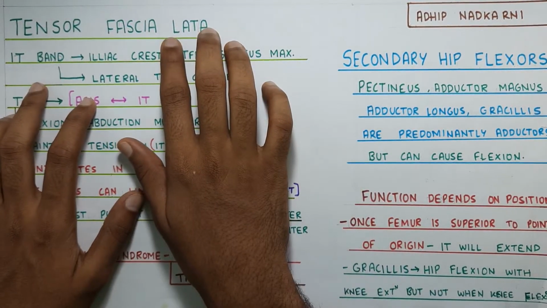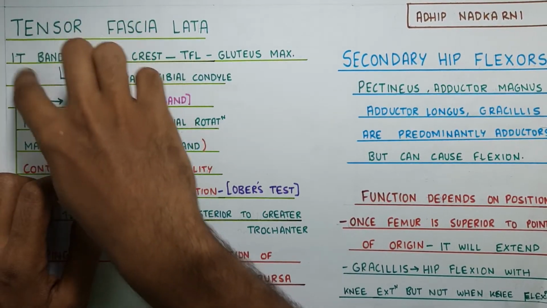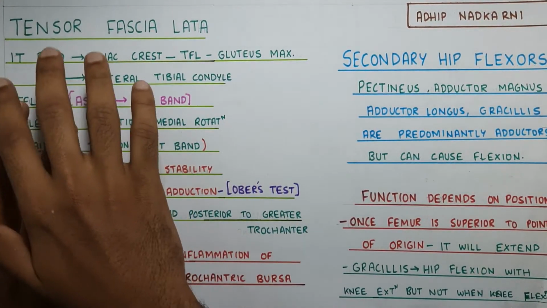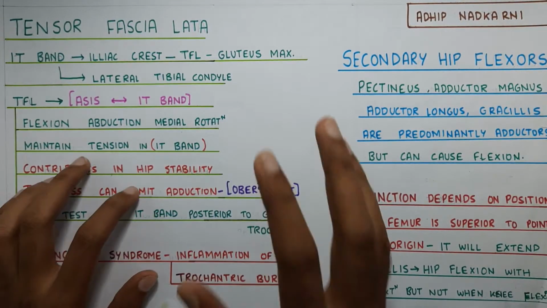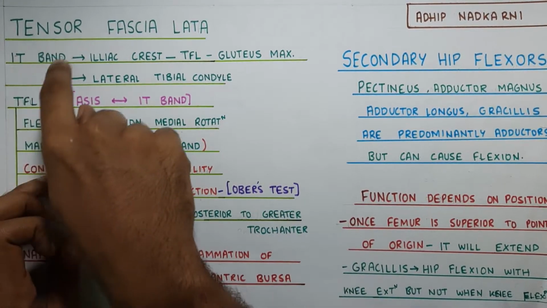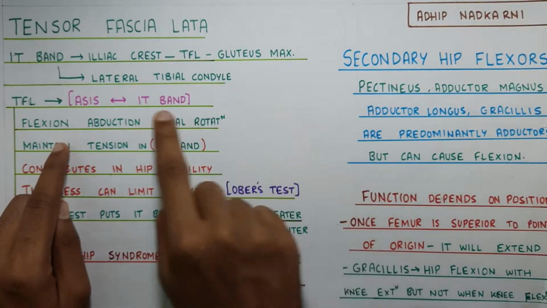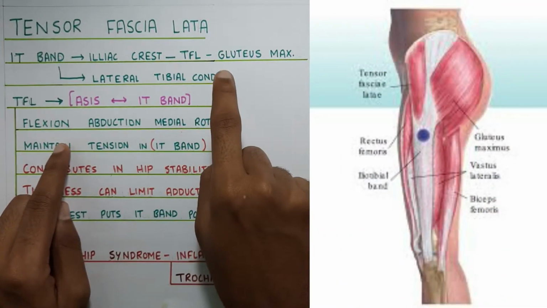So the tensor fascia lata is in close relation with your IT band. So if you understand the attachment of the IT band, you can easily understand how the tensor fascia lata works. Okay. So the IT band is attached at the two ends, one at the lateral part of the tibial condyle.